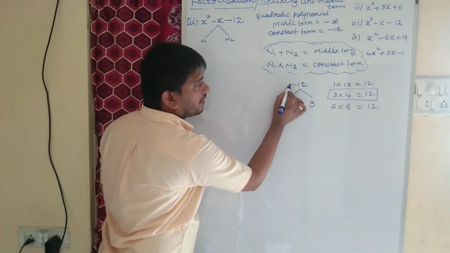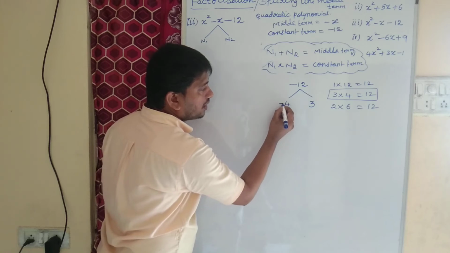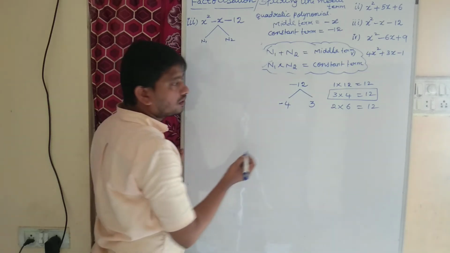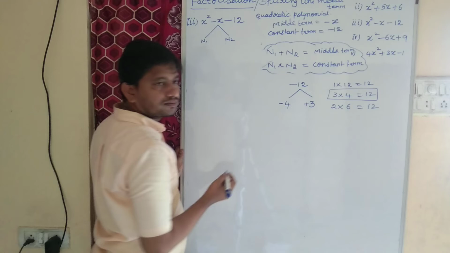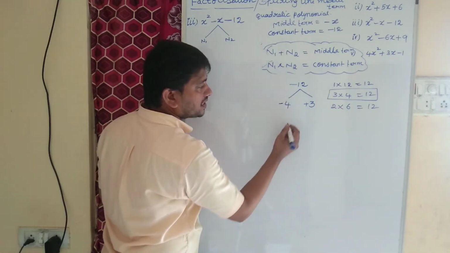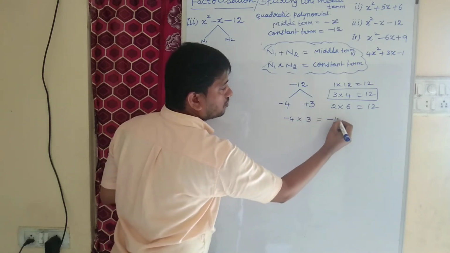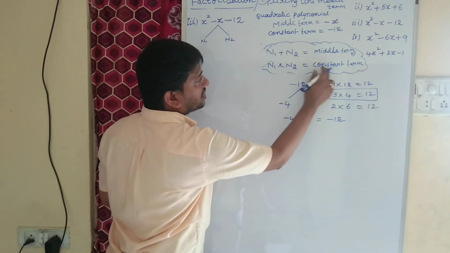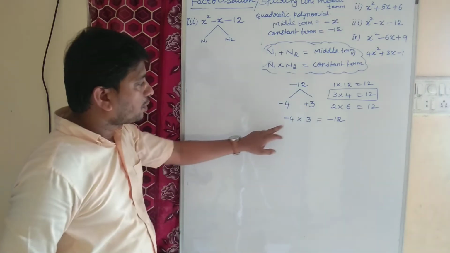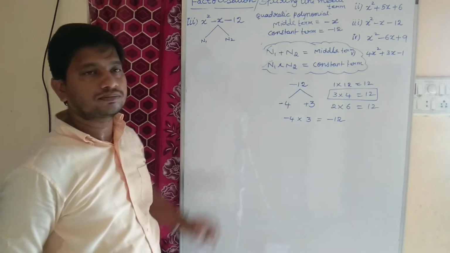Here we have a negative sign, right? So let me take minus 4 and plus 3. As we know, minus into plus is minus, so minus 4 into plus 3 is equal to minus 12. The second condition is satisfied because the product of these two numbers is the constant term, which is minus 12.